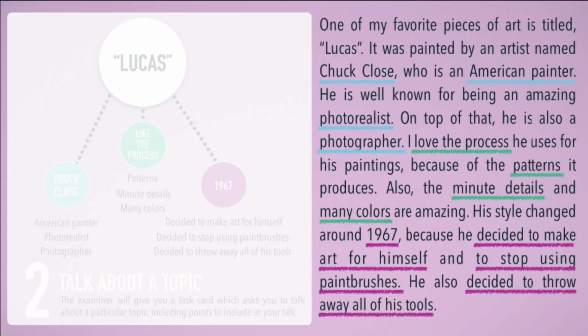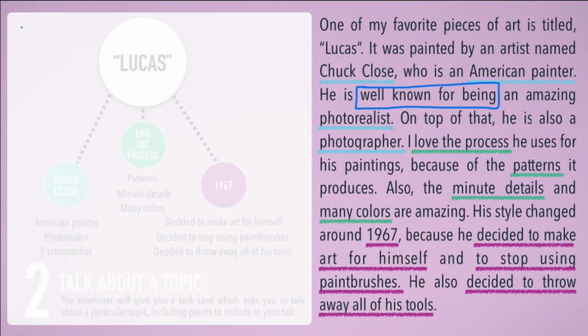One of my favorite pieces of art is titled Lucas. It was painted by an artist named Chuck Close, who is an American painter. He is well known for being an amazing photorealist. Now, in this sentence, you'll see that I said, well known for being.